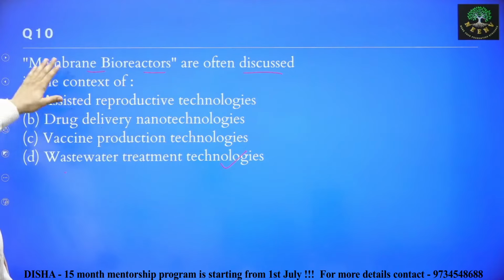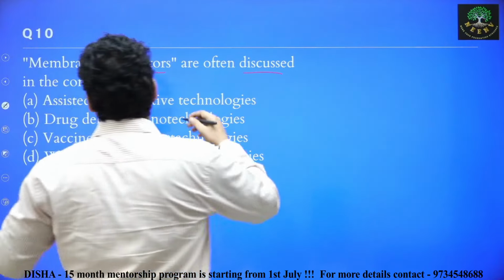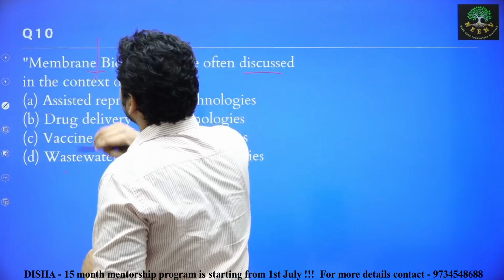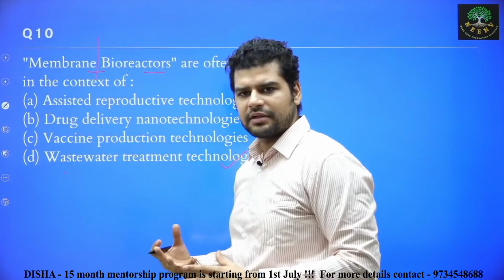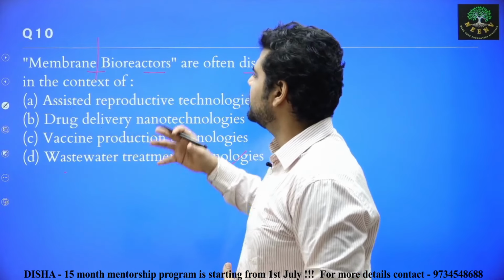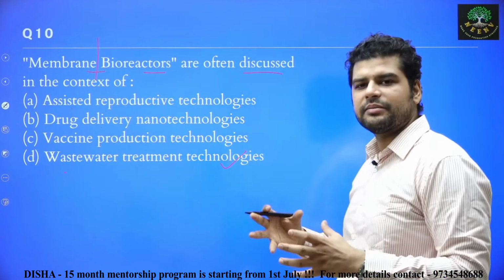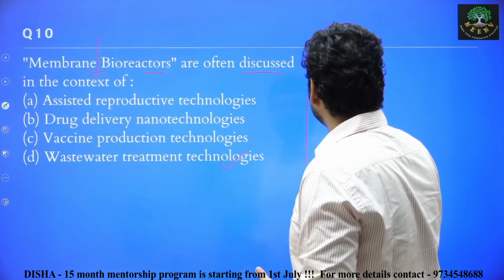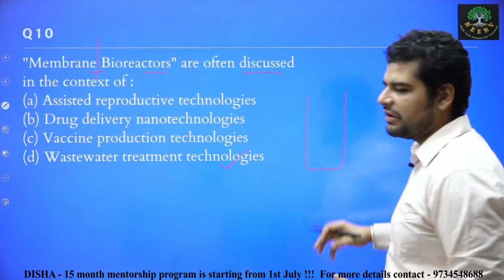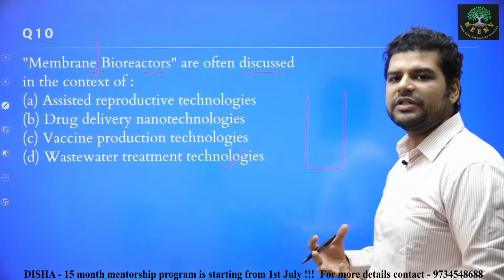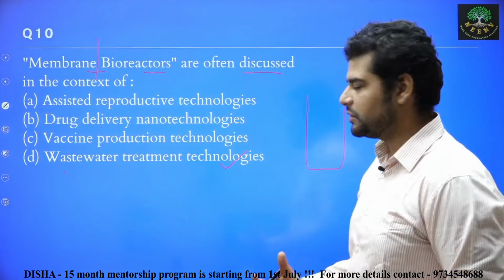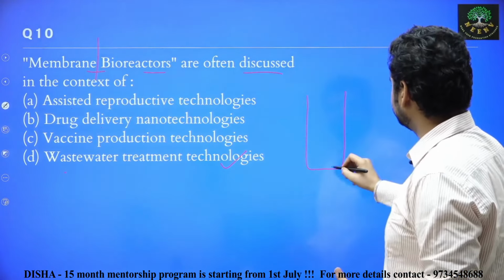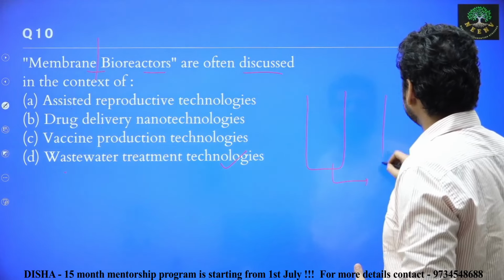So what are these membrane bioreactors? Now this has two words. Membrane is a type of layer, right? Bioreactors means something that has a reaction based on biology or biological things. So there is a chamber in which we have bacteria, protozoa, which digest the sewage, and that is sent to the membrane.